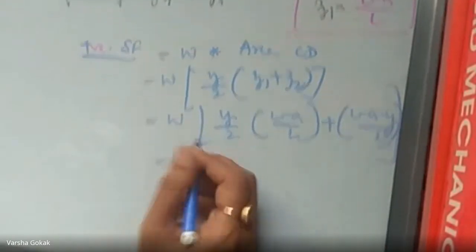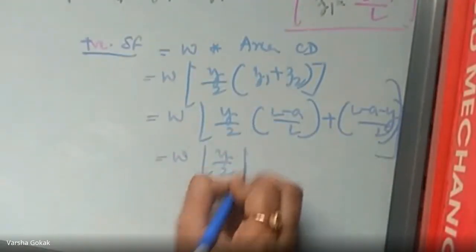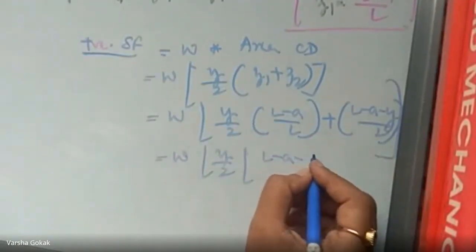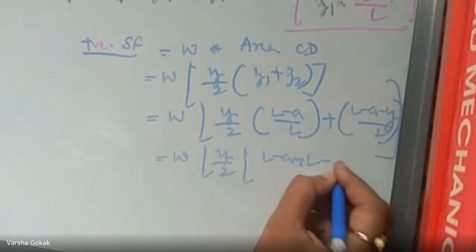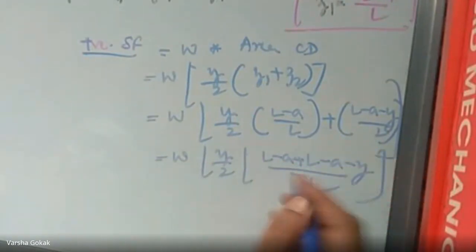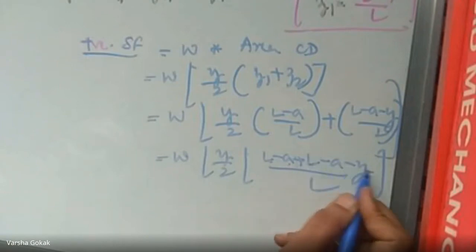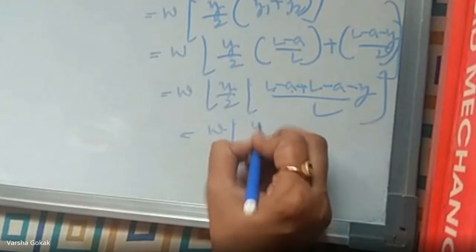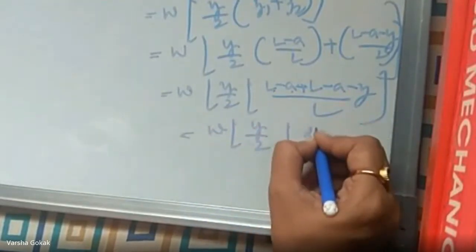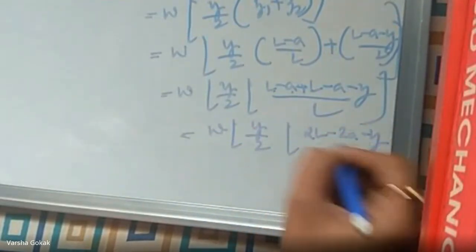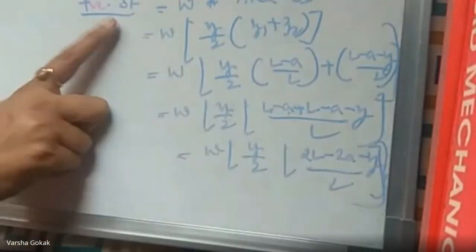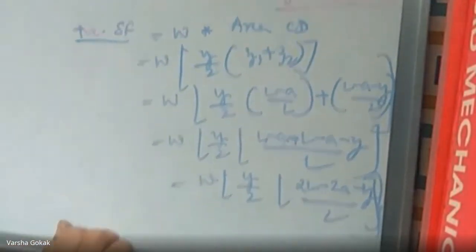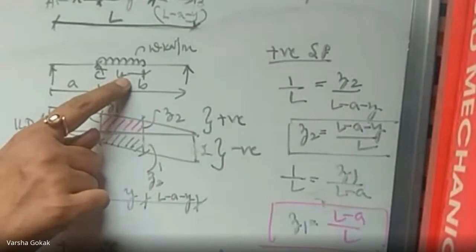So if I again simplify this, W into Y by 2, (L minus A) plus (L minus A minus Y) divided by L. So 2L minus 2A minus Y. This will further reduce to W into Y by 2, (2L minus 2A minus Y) by L. So this is your maximum positive shear force when the load is placed at the center.